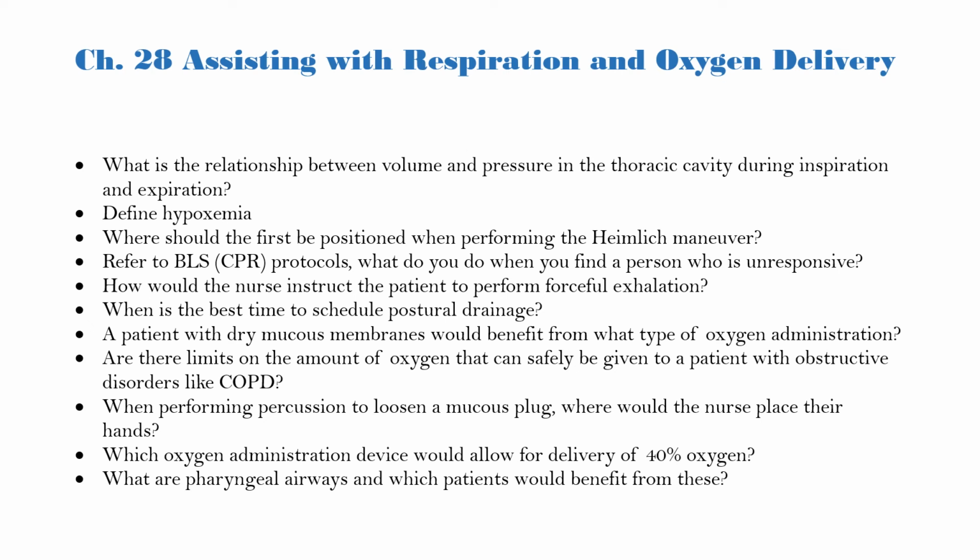This is because their incentive to breathe comes from lower oxygen levels rather than a higher carbon dioxide level in the blood. These patients commonly have a continuously high level of carbon dioxide. Check your orders for oxygen carefully and always verify higher oxygen flow rates with the prescribing care provider. Page 529.